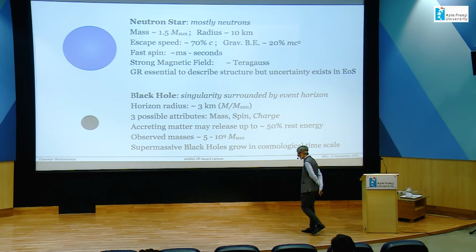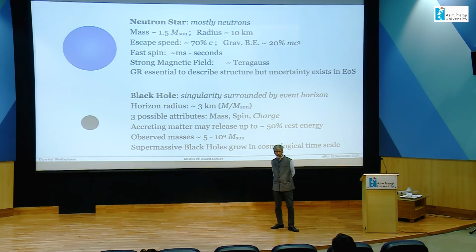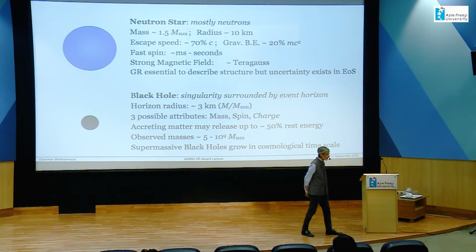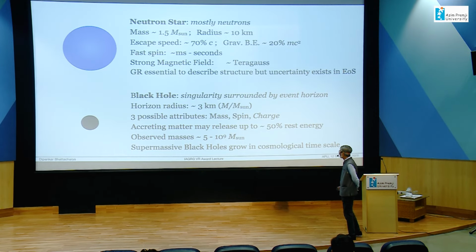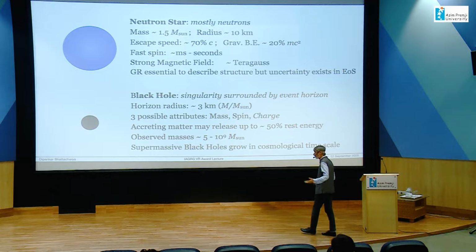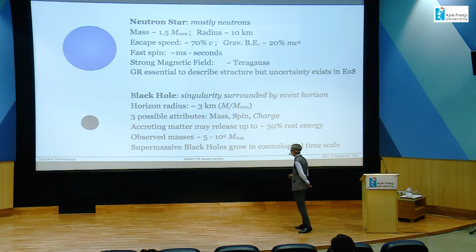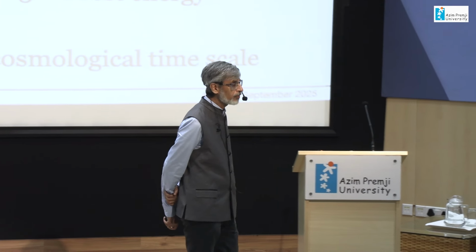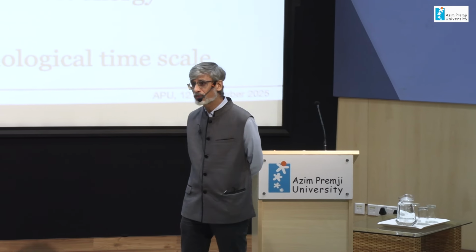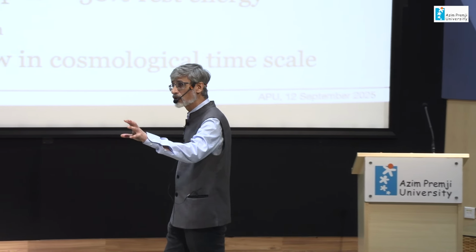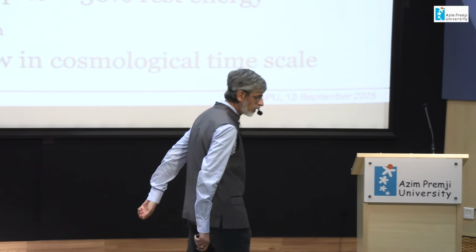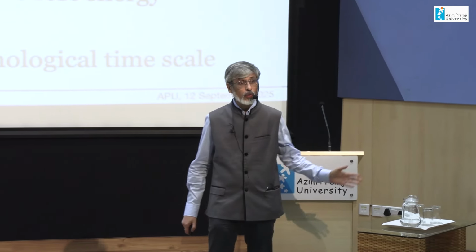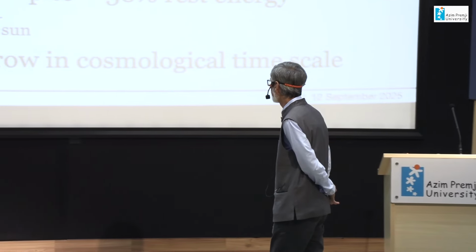At the center of our own galaxy, the Milky Way, there is a black hole which is measured to be of 4 million solar masses. And there are other cases in other galaxies where you have seen black holes which are of the order of billion solar masses. So these supermassive black holes are not formed in an event like the supernova event at the end of stellar evolution, but they grow over cosmological time scale.